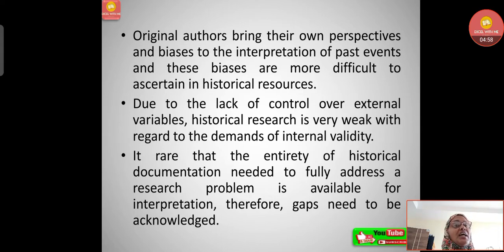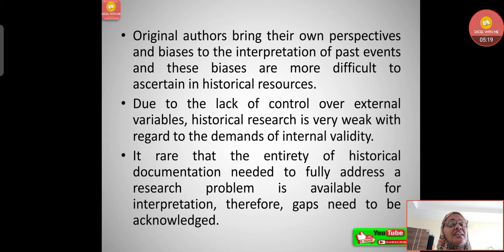Obviously, due to the lack of control over external variables, historical research is very weak with regard to the demands of internal validity.